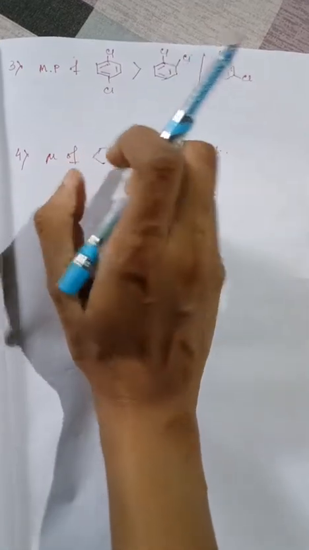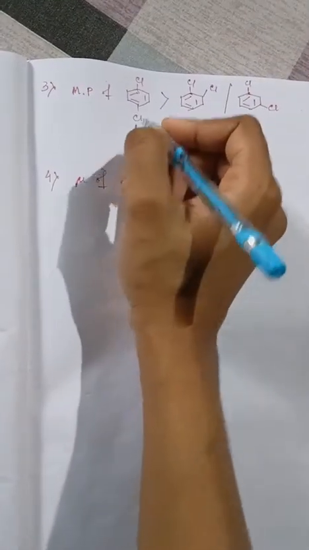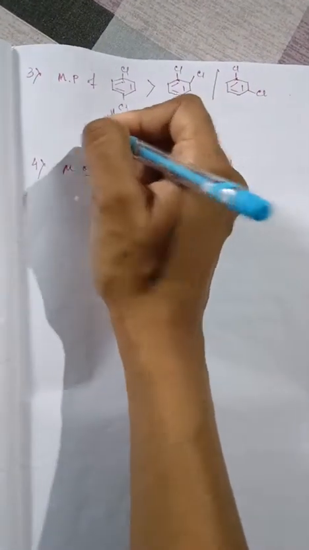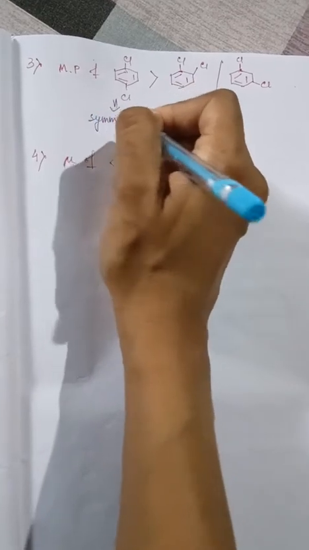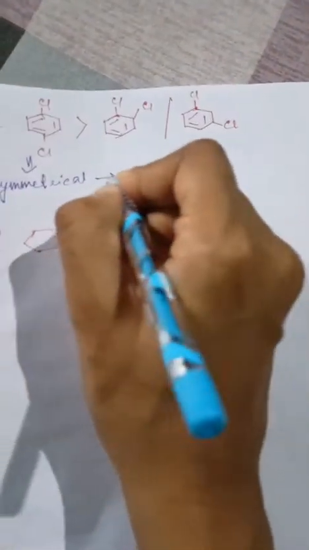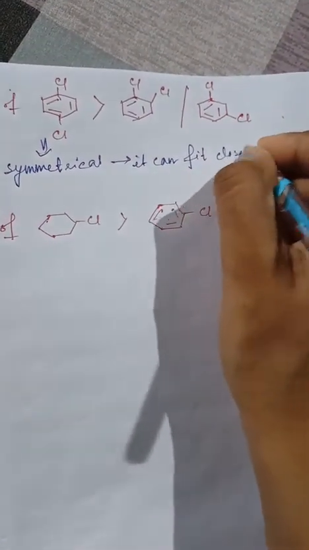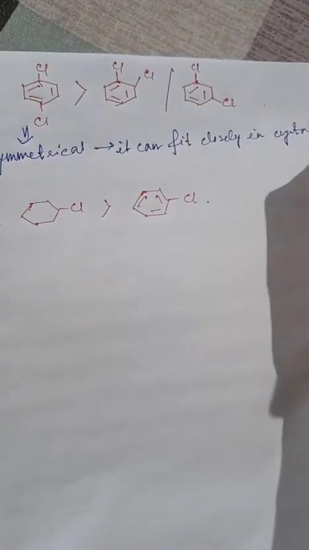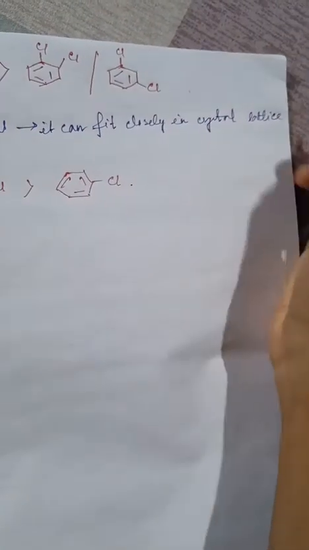isomer. Now why so? If you watch carefully, you will see this para-dichlorobenzene, this para isomer, is more symmetrical in nature. Like it is having a better symmetry. Symmetrical in the sense it can fit very closely in the crystal lattice, right?